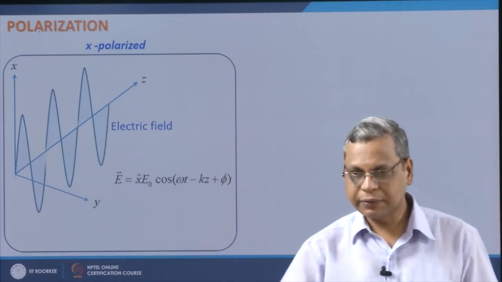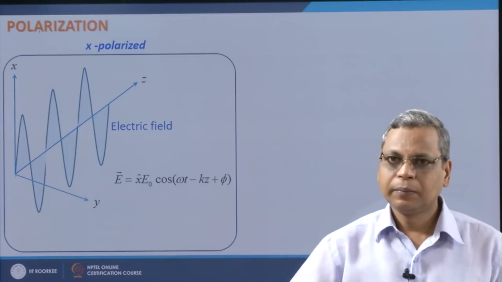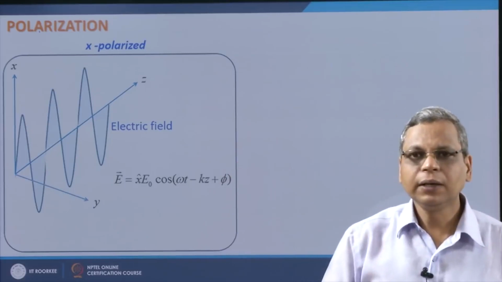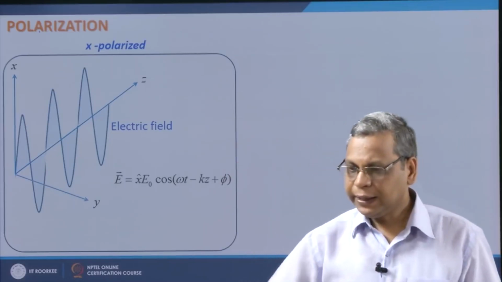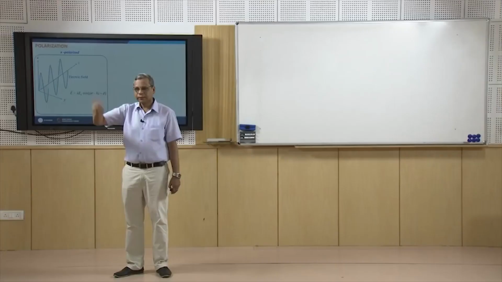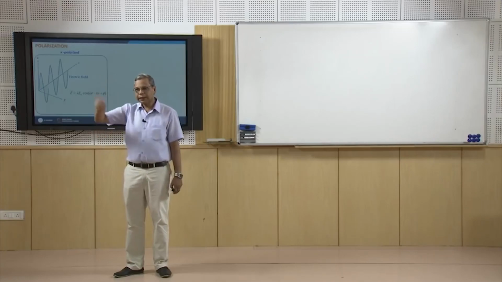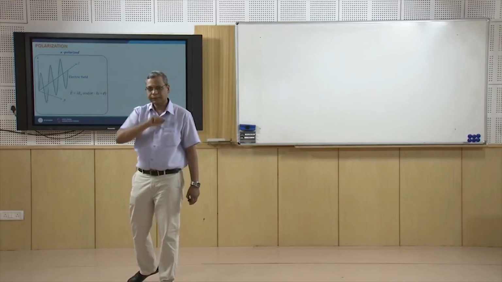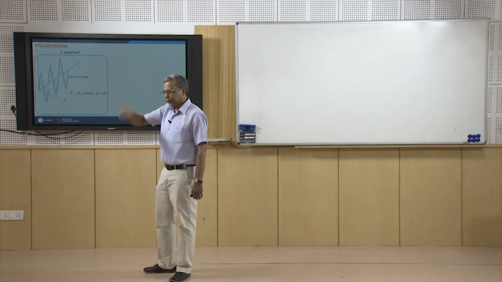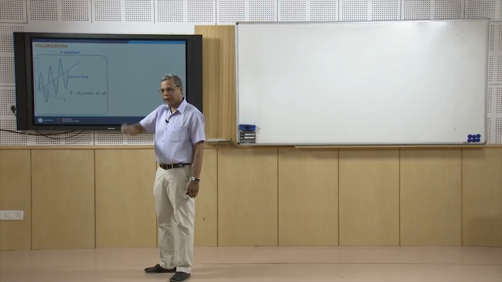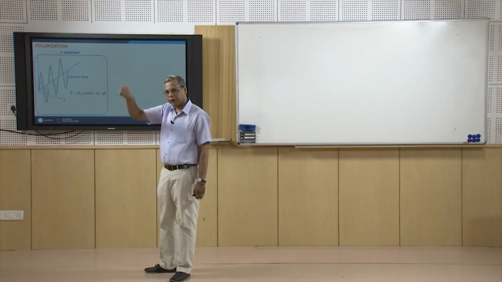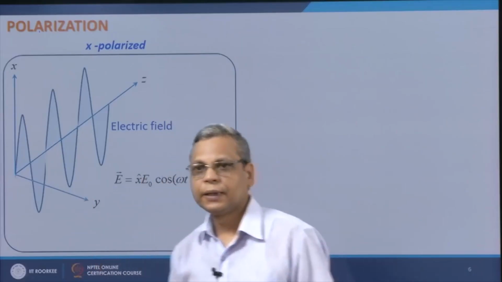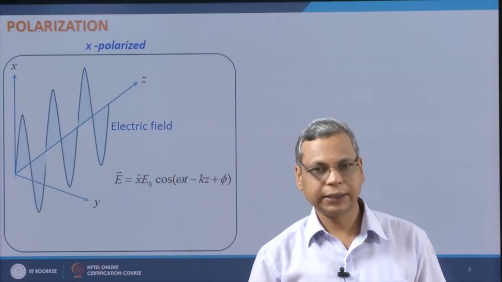If I take a string, I attach one end of the string on the front wall, and the other end I shake in x direction. So, I am vibrating the string in x direction and generating the wave in z direction. So, this x, which is the direction of vibration of my hand or this end of the string, is the direction of polarization.